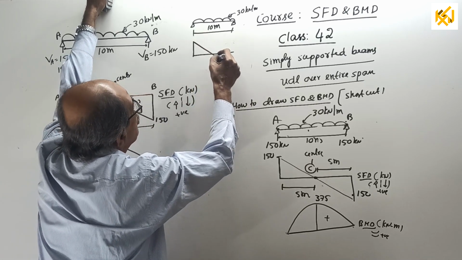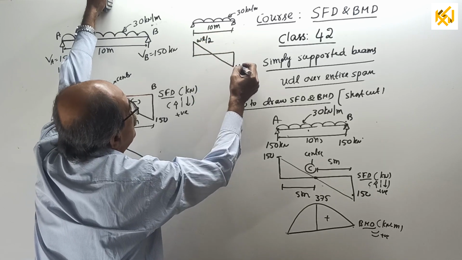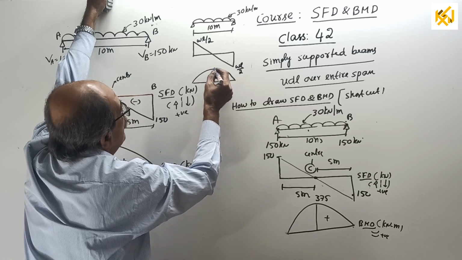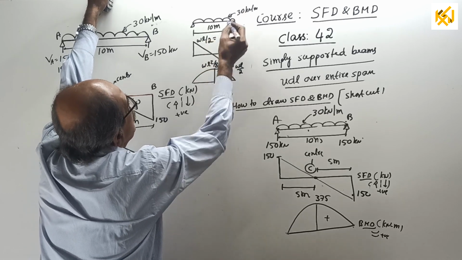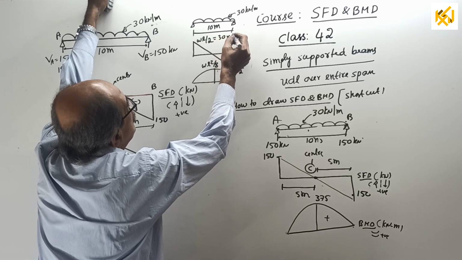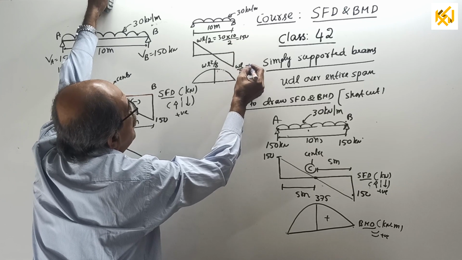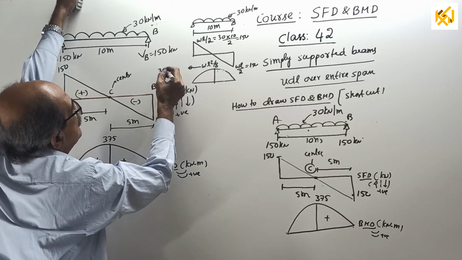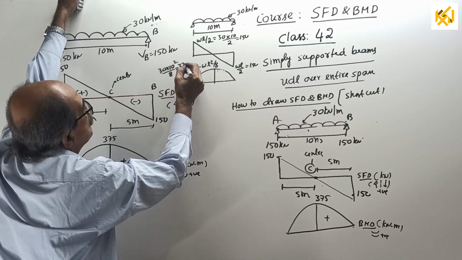Shear force diagram comes this way in the bookwork: WL by 2, WL by 2. BMD comes this way, parabola, WL square by 8. So WL by 2 equal to 30 into 10 divided by 2 equal to 150. WL square by 8 equal to 30 into 10 square divided by 8 equal to 375.